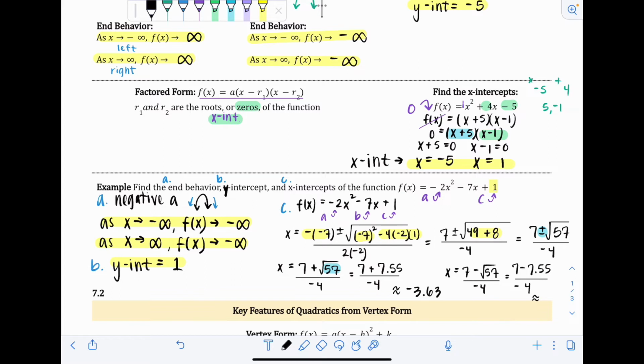So we'd have to do 7 minus 7.55, which is negative 0.55, and then divide that by negative 4, which is about 0.14, depending on how and when you rounded. So our x-intercepts for this function, even though they're kind of ugly and approximations, we did find them. They are negative 3.63-ish and 0.14-ish.